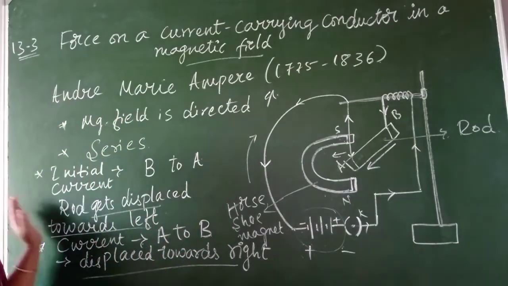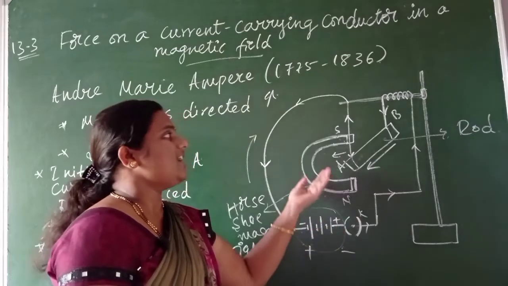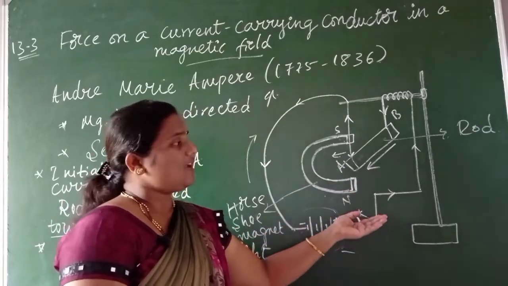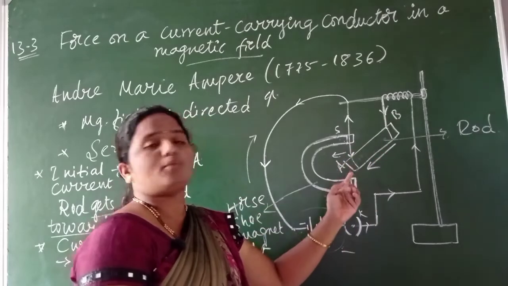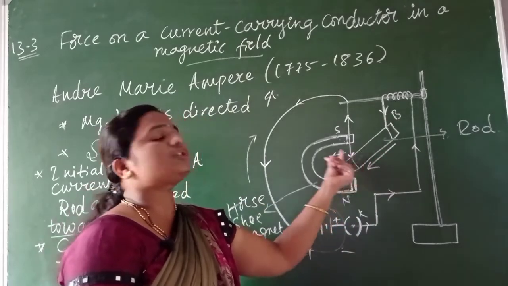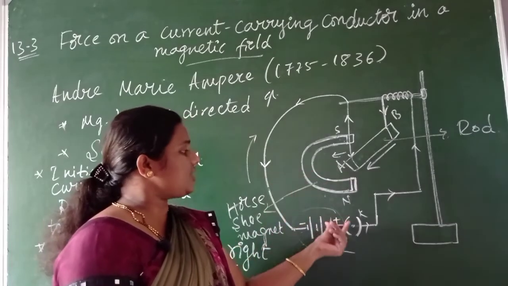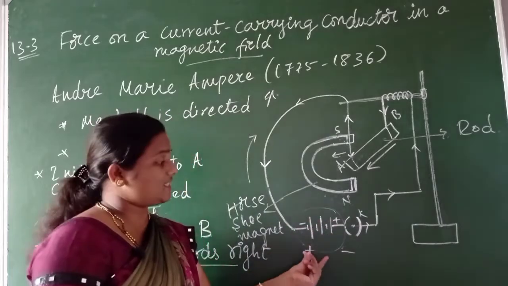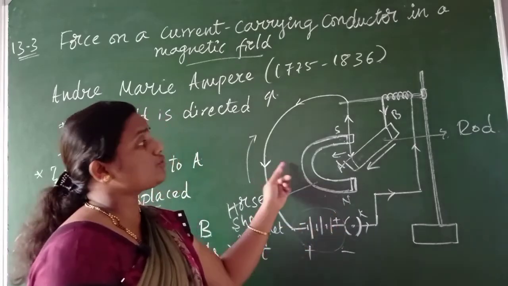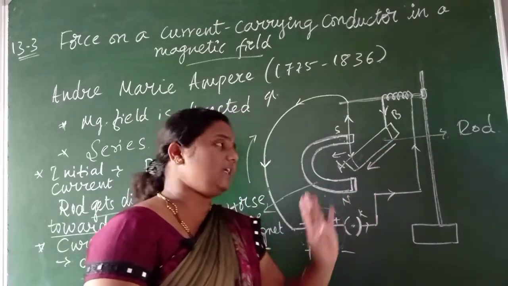So once again I'll repeat, children. Using the aluminum rod and a horseshoe magnet, if we connect in this way, when the current starts flowing initially from point B to point A, the rod shows displacement towards the left-hand side. And when we reverse the direction of the current, the displacement of the rod also changes.